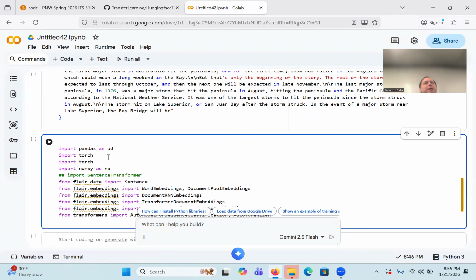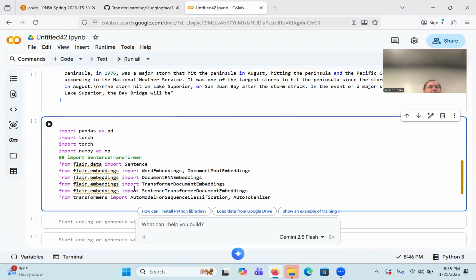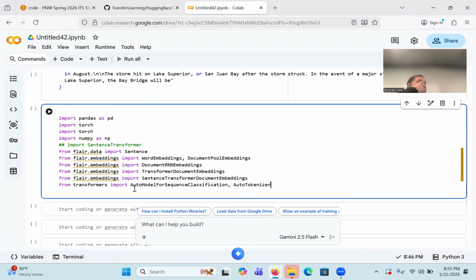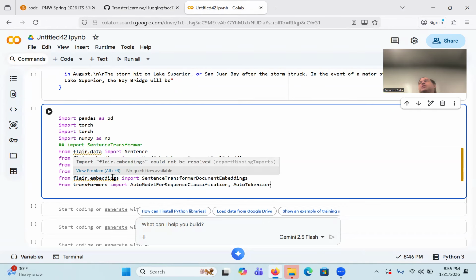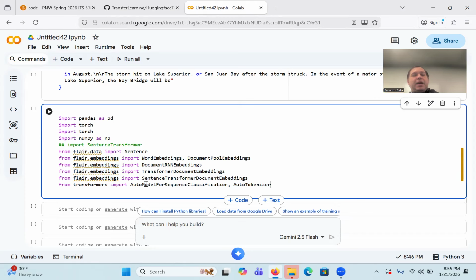So here I'm using Pandas, Torch, NumPy, and then the library Flair. Now this library was created essentially to play with embeddings, to take them outside of the transformer, take the words, represent them, and then do calculations like distance metrics.